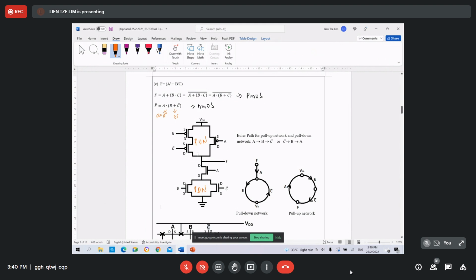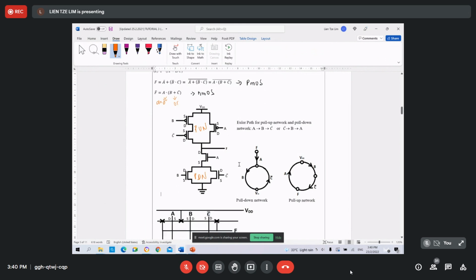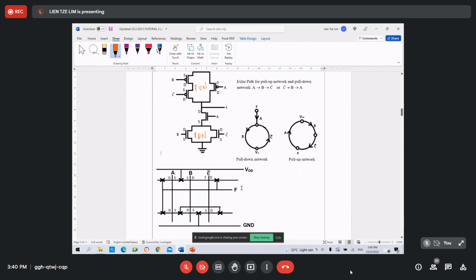The stick diagram can be drawn in many ways, in different representations, but I use this stick diagram with the Euler path.